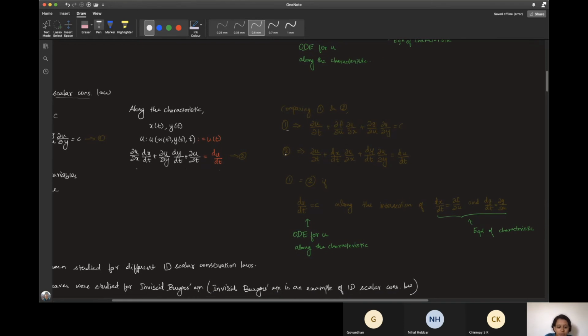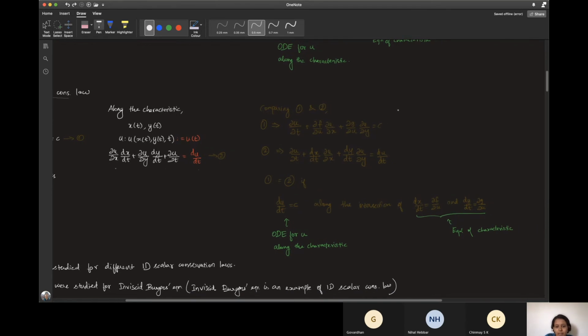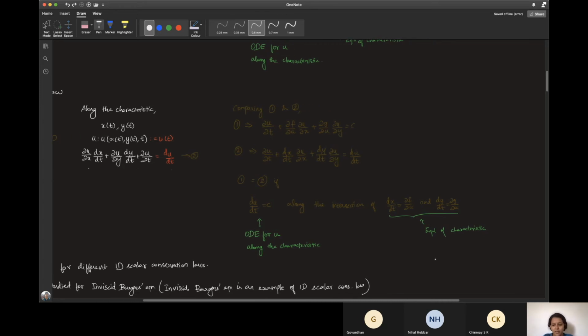Now you can compare your PDE with the differential equation that you obtained along the characteristic. That is, you're comparing 1 and 2. So 1 equals 2 when dou u by dou t equals c, along dou f by dou u equals dx by dt and dou g by dou u equals dy by dt.